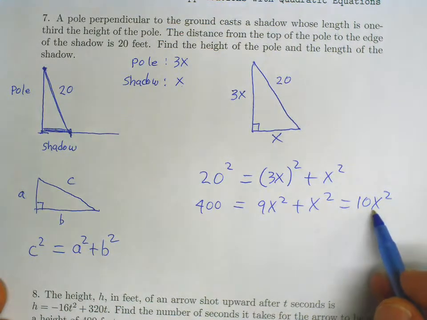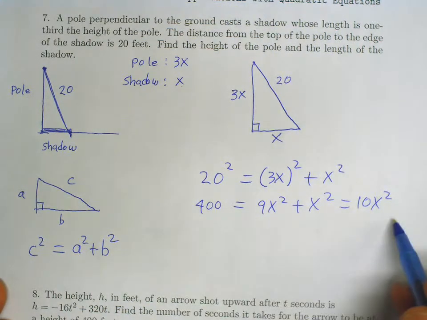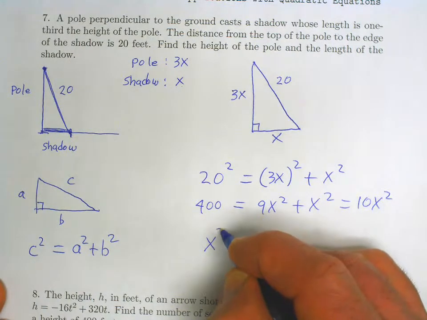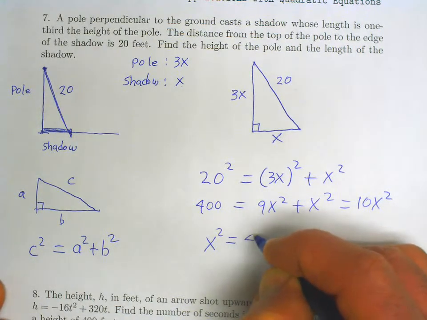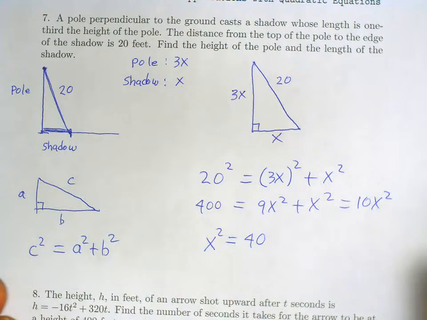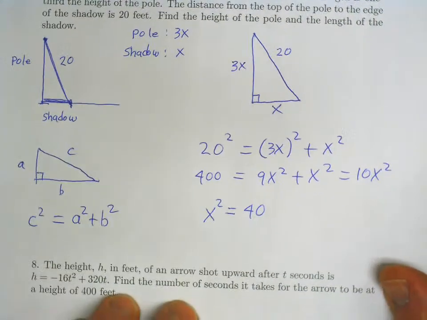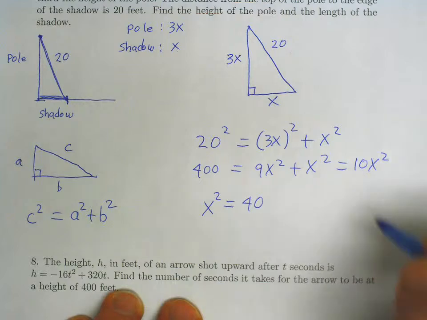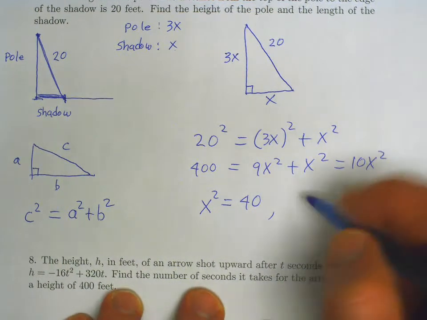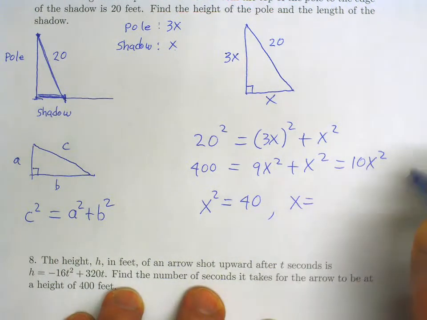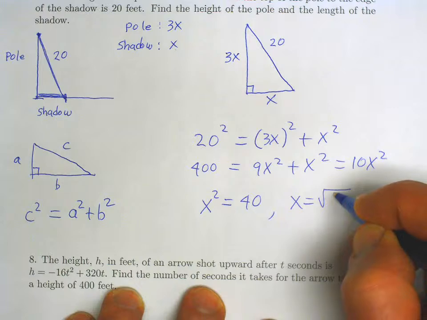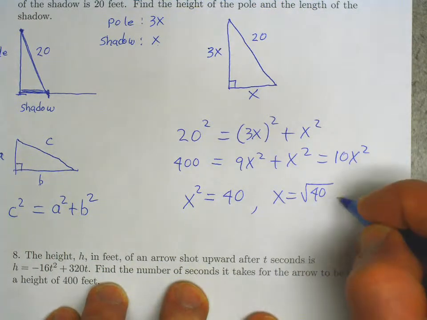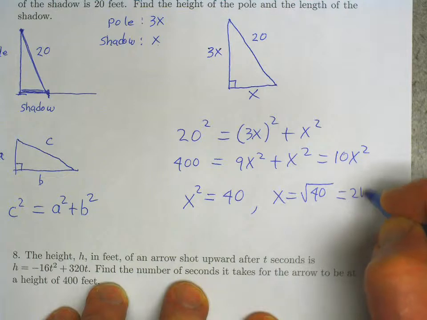So what we can do now is just divide both sides by 10. 400 divided by 10 is 40, so I get x squared equals 40. Okay, then we want the positive square root of 40, since the quantities have to be positive. So x equals the positive square root of 40. And that can be simplified to 2 times the square root of 10.